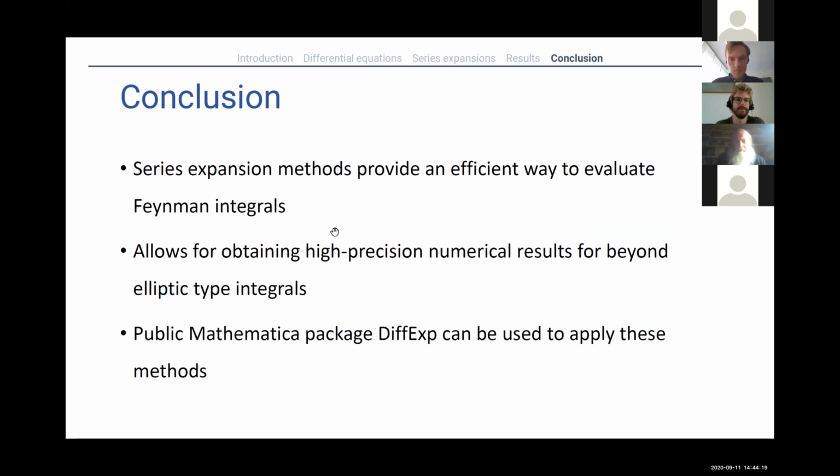To conclude, series expansion methods provide a quite efficient way to evaluate Feynman integrals. They allow for obtaining high precision numerical results, and also for all kinds of integrals, so also those that are beyond the elliptic type, because in a sense, they're blind to whatever the geometry of the integrals is.